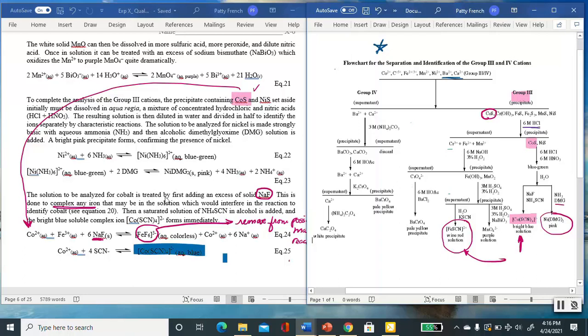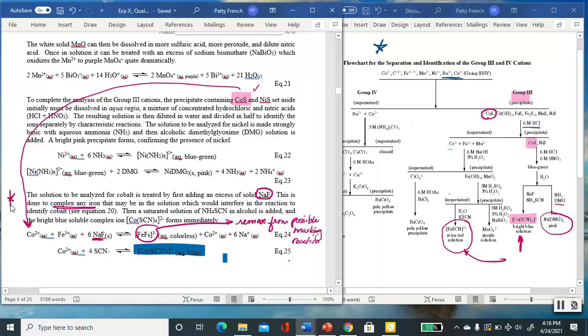So in order to eliminate that problem, we're coming back over here to the left. You have probably got cobalt and iron in solution. No matter how good you are at this, you're going to have some leftover ions in solution. So the first thing we're going to do is add some white sodium fluoride.